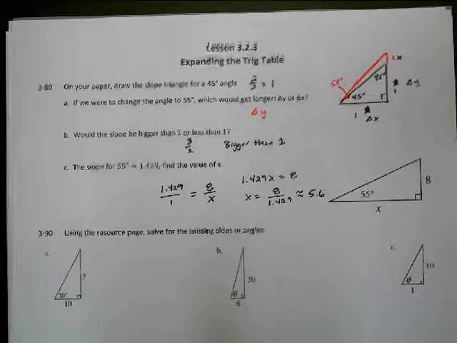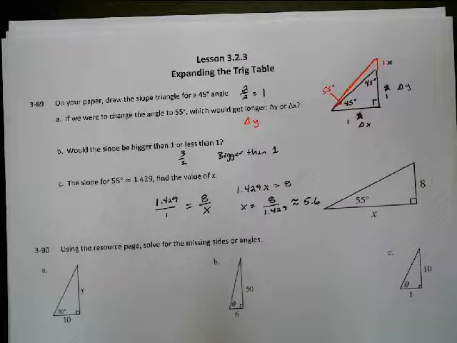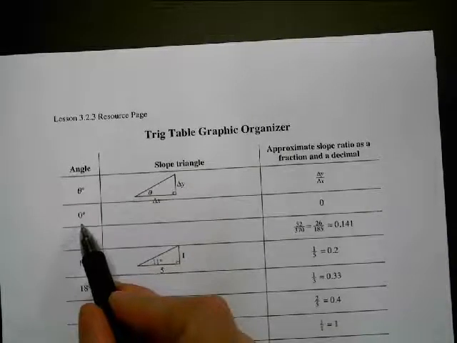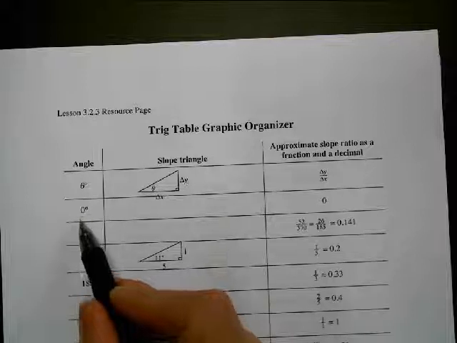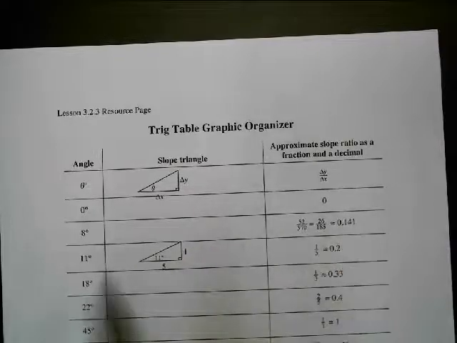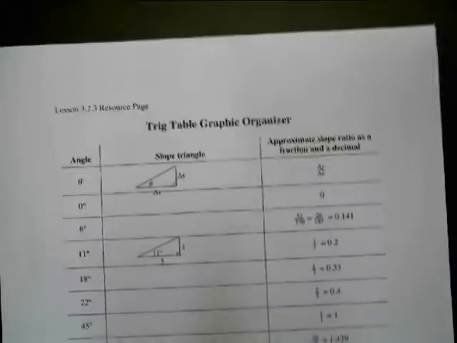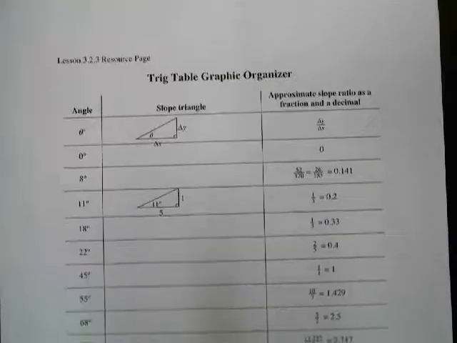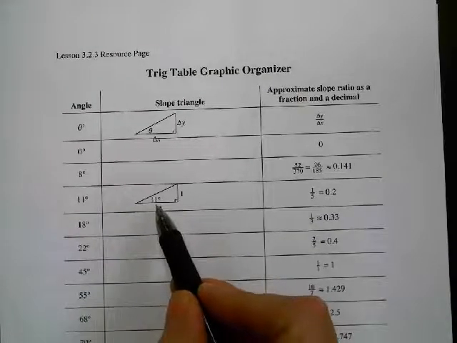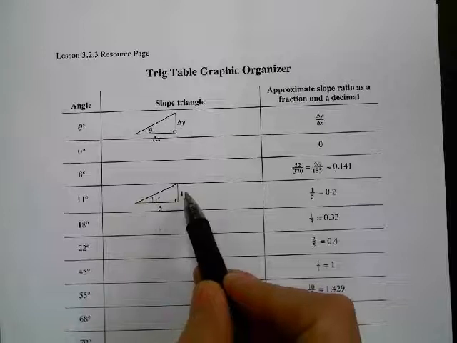All right, on previous lessons, we have already looked at other slopes. We obviously know that if the angle is 0, then it's not going to have any slope at all, so we can skip that one. But on that very first lesson, we saw that an 11-degree angle gives us a slope of 1/5.